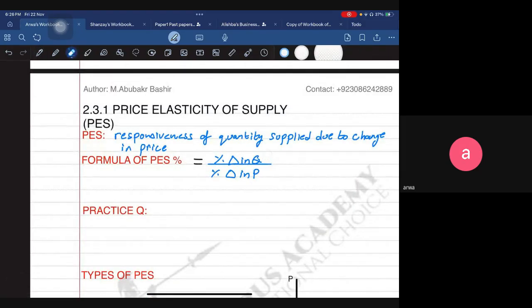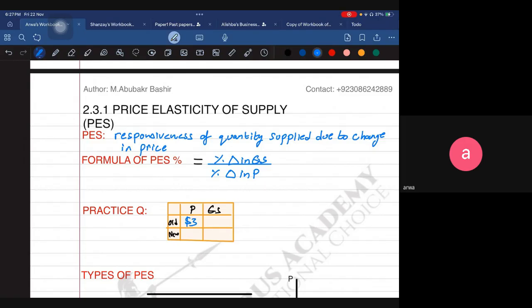Oh, is it S? It is S. Okay. So we have a table here. We have the price, we have the quantity supplied, we have the old value, and we have the new value.